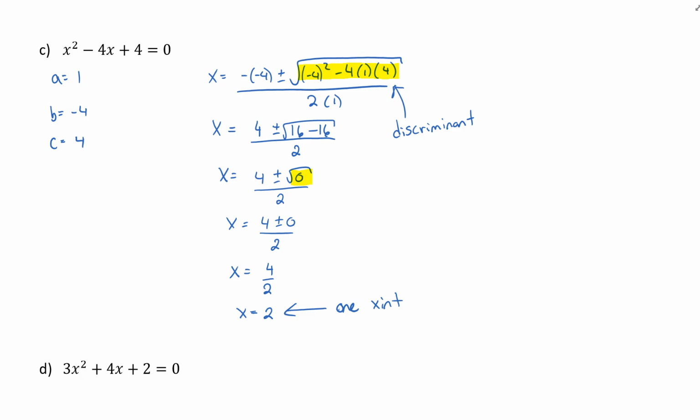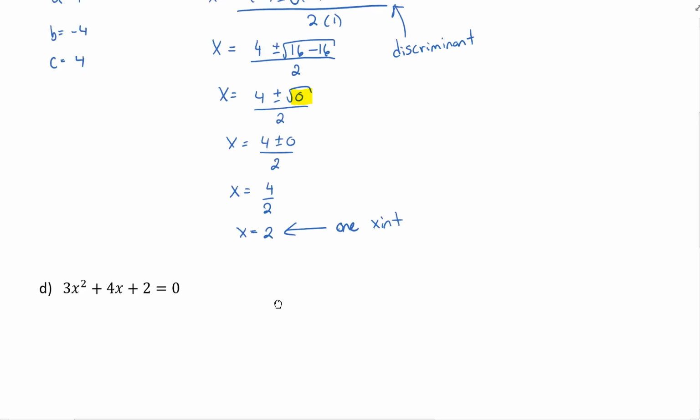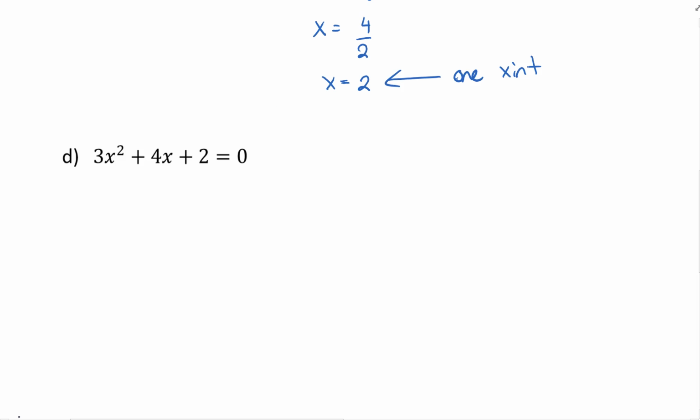Let's take a look at this last example that'll show us what happens when there are no roots. We're still using our quadratic formula, same as before. Identify A, B, and C. Substitute in. Let's get negative B, oops, not B, I'll put in my 4.